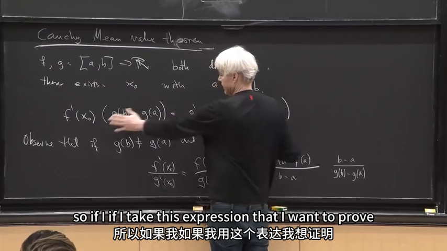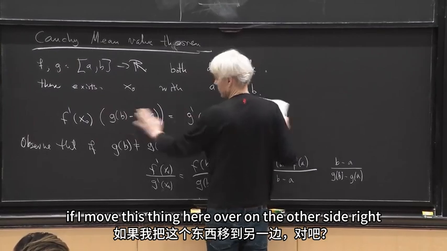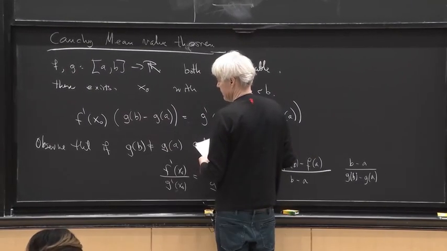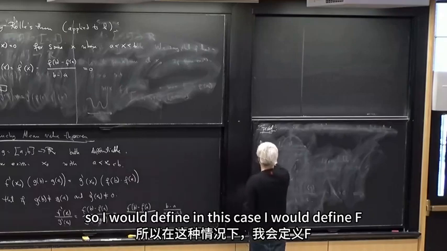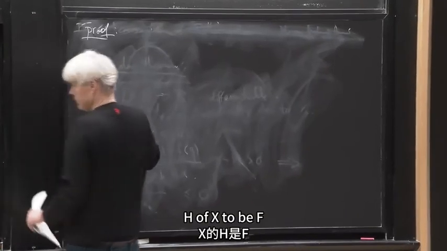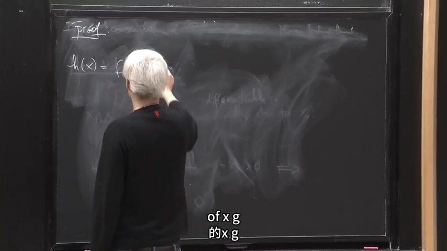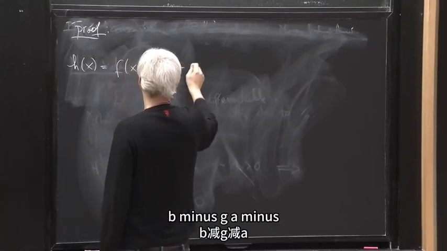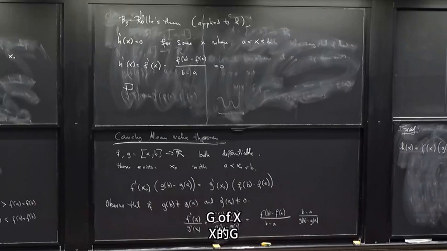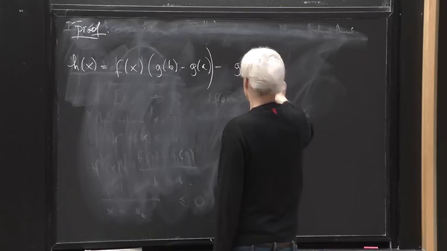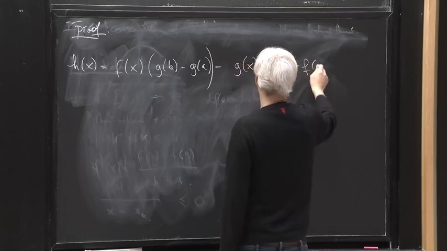So if I take this expression that I want to prove and move this thing here over to the other side, then I would define h of x to be f of x times (g of b minus g of a) minus g of x times (f of b minus f of a).